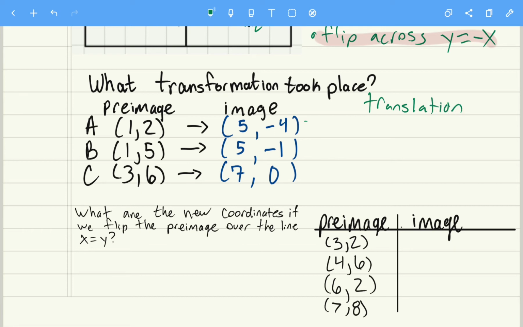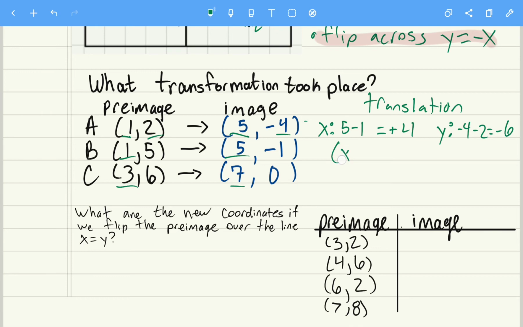Now we need to figure out exactly what transformed. So I have my image and pre-image. I'm going to go ahead and take the image and subtract the pre-image, which gives me a positive 4. Then do the same with my y, so -4 minus 2. That gives me -6. 1 to 5, that's +4. 3 to 7, that's +4.